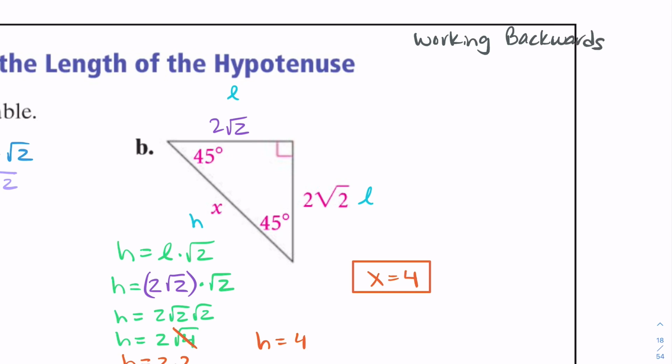This is the tough part. So h equals L times the square root of 2. You were given 4 equals L times the square root of 2. So let's divide both sides by the square root of 2, and that gets you this, right? So L equals 4 over the square root of 2.